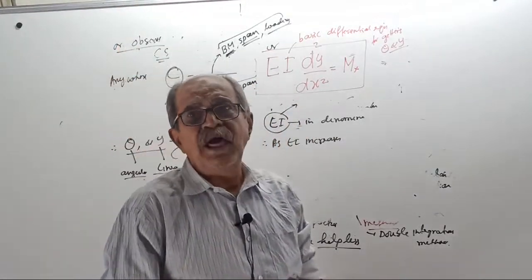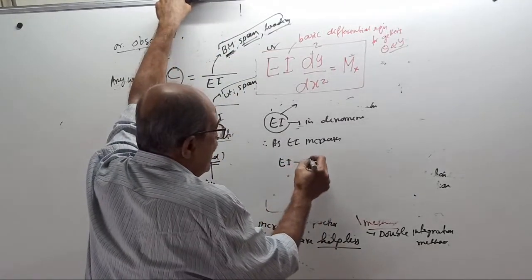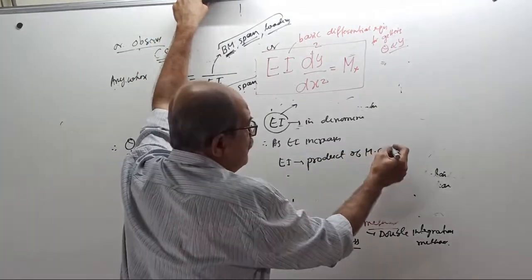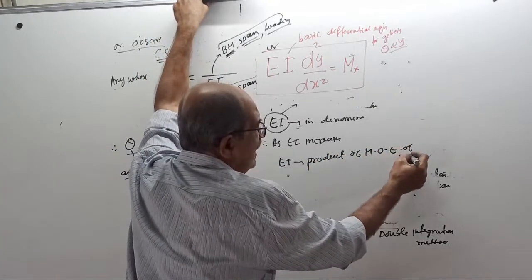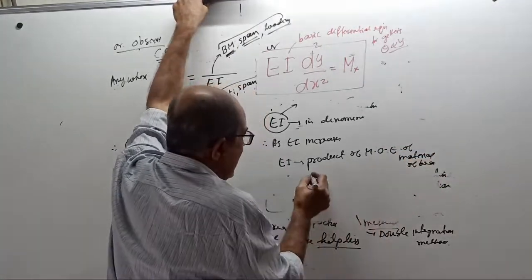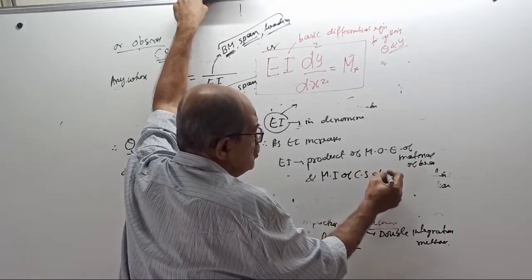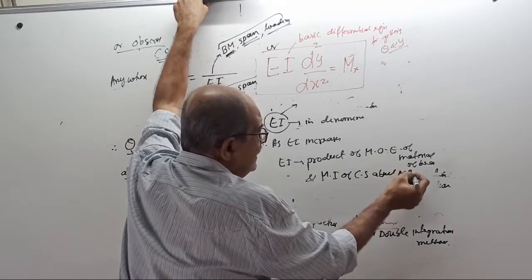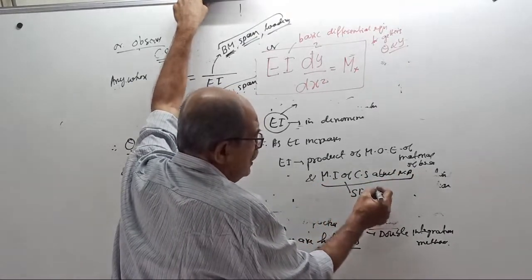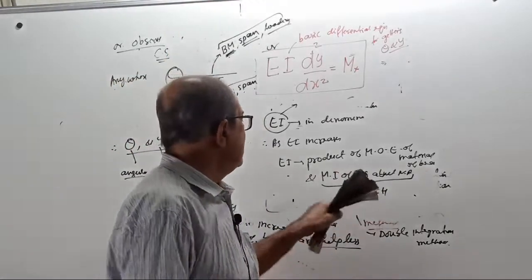It is the product of the modulus of elasticity of the material of the beam and the moment of inertia of the cross section about the neutral axis. The structural engineer's control is in I.